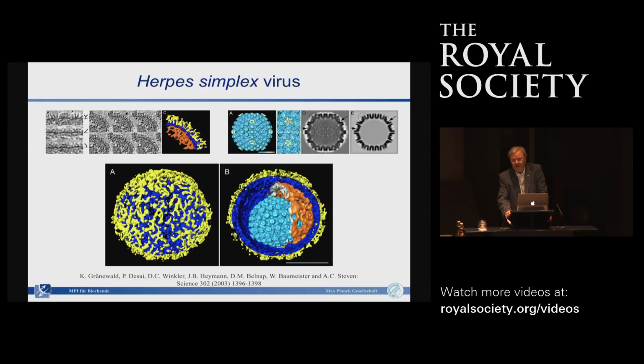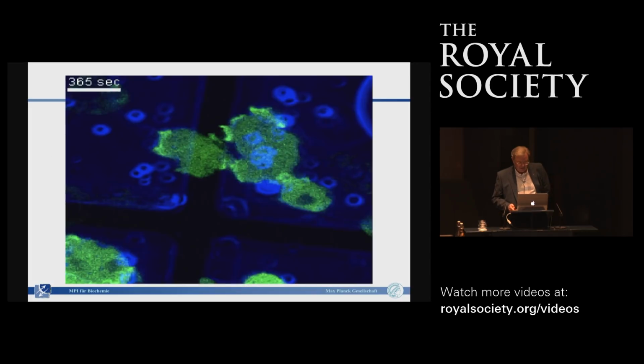Whenever a tomogram contains repetitive features, we can do what is called subtomogram averaging. And this is an early example, maybe the first example of doing subtomogram averaging. It was a reconstruction of a herpes simplex virus particle. And since it contained an icosahedral capsid, one could easily then average the icosahedral capsid and put it back precisely into the context. Now, that is now a common approach in cryo-electron tomography.